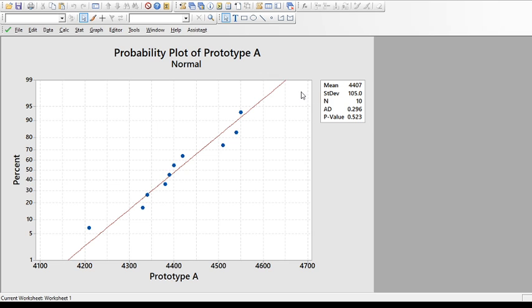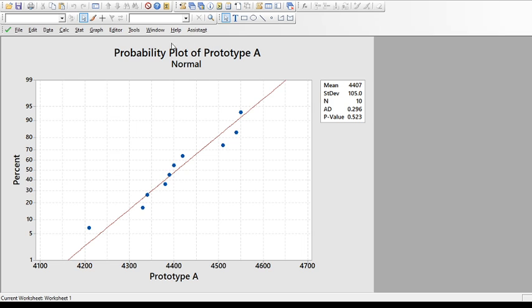So can I reject my null hypothesis? No, because I'm taking a 52% risk if I reject my null hypothesis. So I will go with my null hypothesis, saying that the samples I've collected for prototype A actually follow a normal distribution.